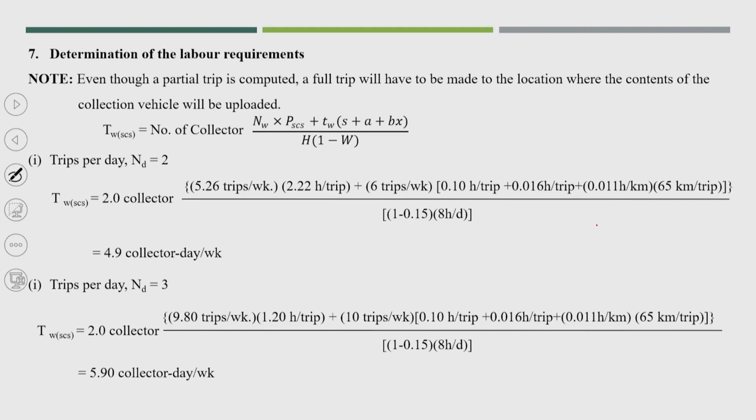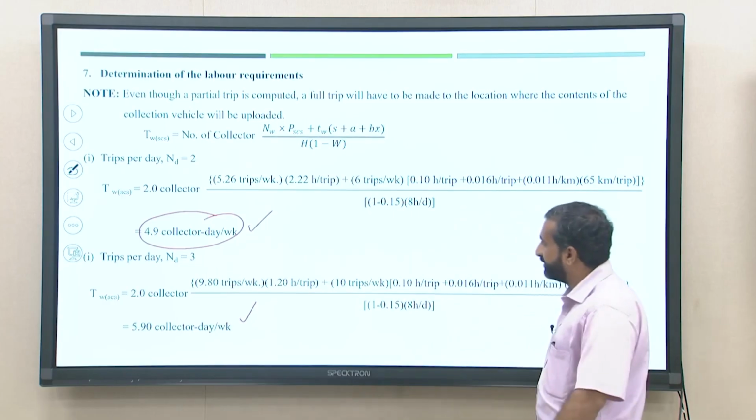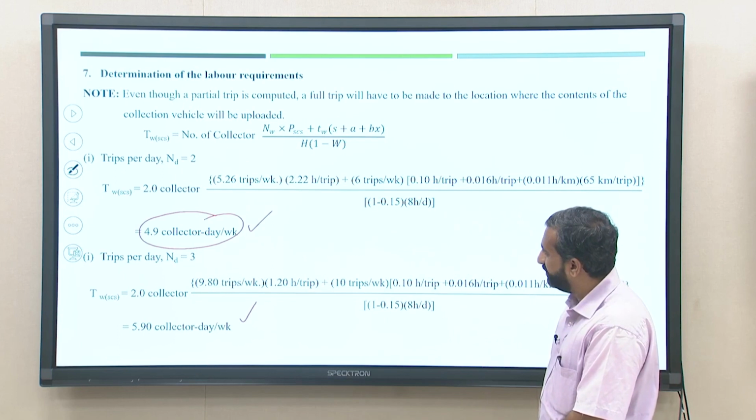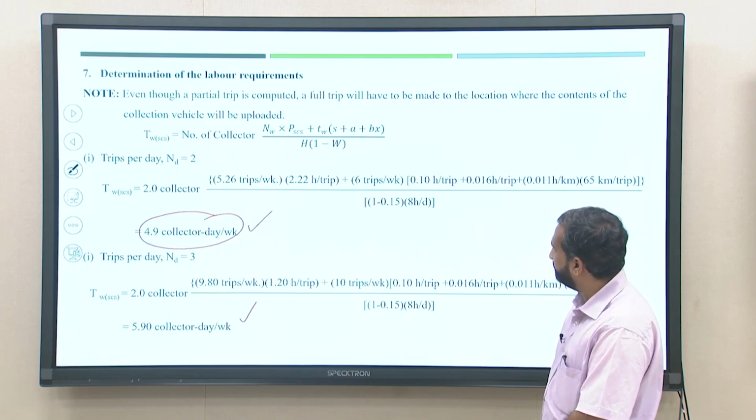So, here you see for ND 2 will be required 4.9 days per week, and for ND 3 5.9 days per week. So, your answer will be the ND 2. So, in that case it requires lower time as compared to the ND 3.